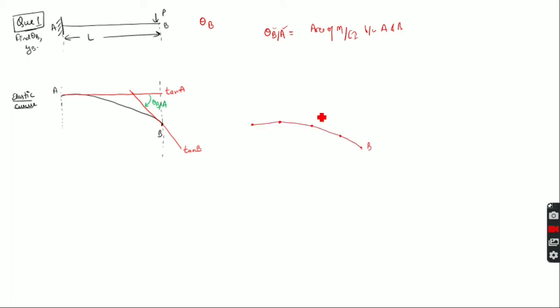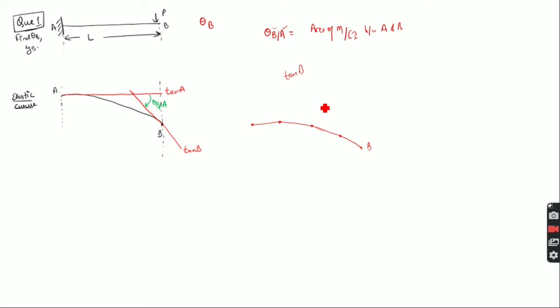I will draw the tangent from B, like this is the tangent at B. Now, this other point will also have a tangent like this. There are many points on this curve, and we can draw their tangents also. So which tangent should we take? That is very important. Which point should we take?